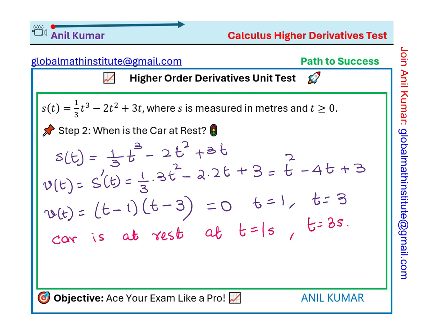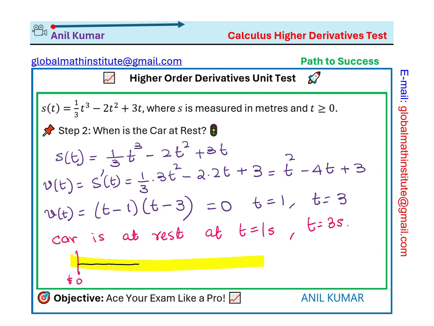Makes sense, right? So basically, what has happened here is that the car moves along a straight line. So let me just show you here. Let's say this is the starting point, t equals 0. It moves for 1 second, it goes right, and then it returns. You get the whole idea.